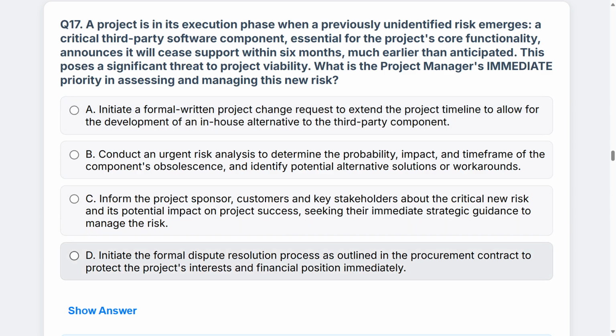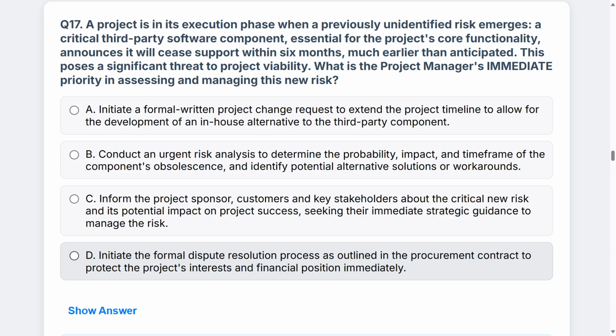Initiate the formal dispute resolution process as outlined in the procurement contract to protect the project's interest and financial position immediately. Now, while this isn't a bad idea, the question is asking you, what is the project manager's immediate priority in assessing and managing this new risk? Over here, you're not really assessing anything.